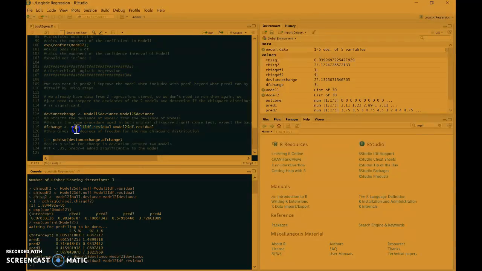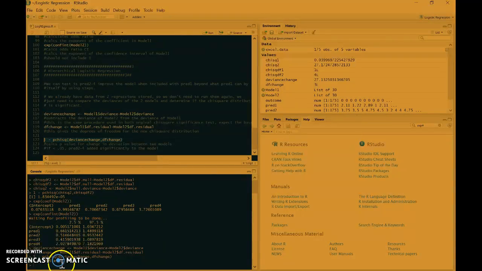So degrees of freedom of model 1 minus degrees of freedom of model 2. It's going to be 3 degrees of freedom. And we're going to calculate a p-value based on those new values we just calculated. Kaboom. That's a pretty small p-value, definitely less than 0.05.